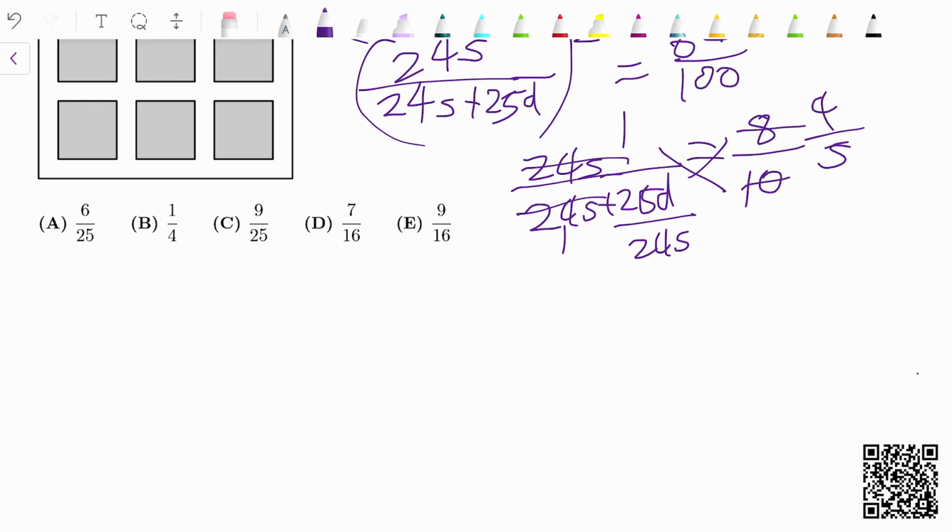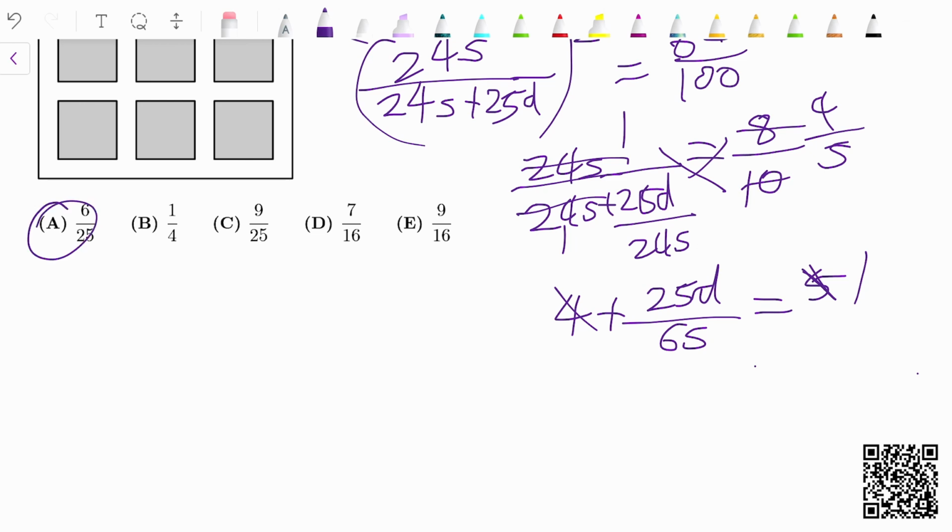We've got 4 multiplied by, so just 4, plus, and then do a little bit of simplification. 25d over 6s is equivalent to 5. Which also means that subtracting before from both sides, this is literally just 1. Therefore, this means that the d to s ratio is basically the reciprocal, 6 over 25.